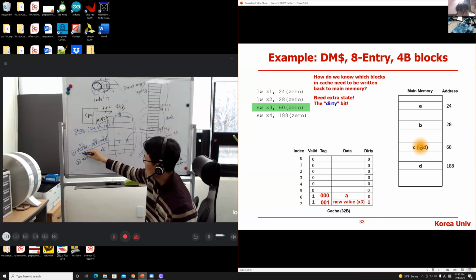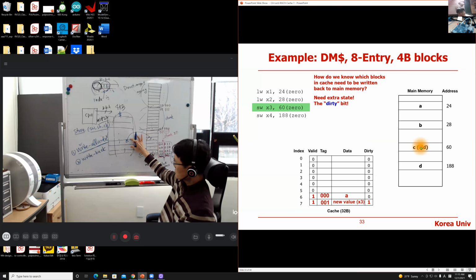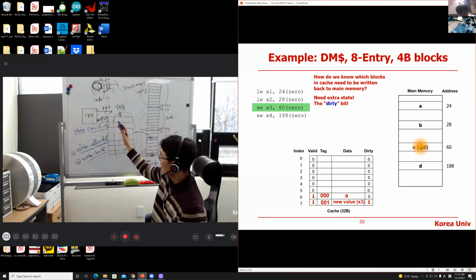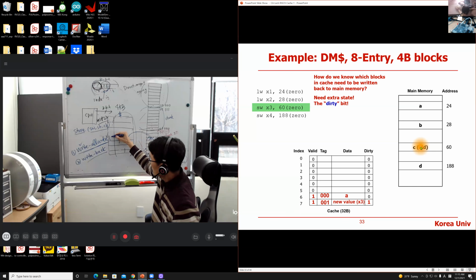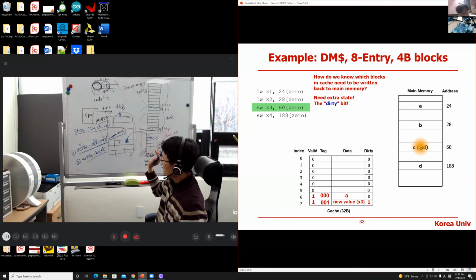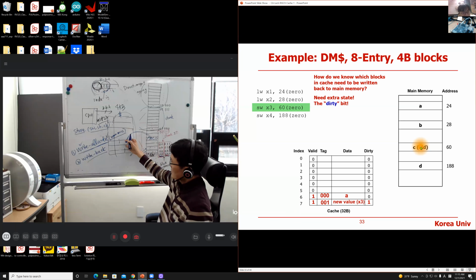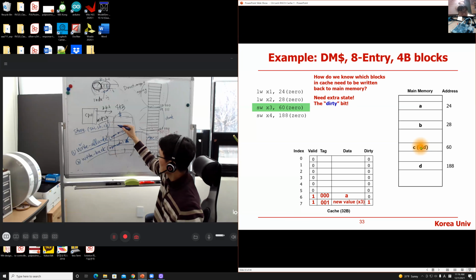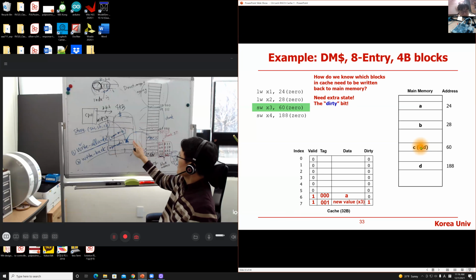So the allocation policy means when a cache miss happens, I'm going to allocate that memory block to the cache first. Then write back means what? Upon a write, when you update, do you want to update only the cache or both cache and main memory?